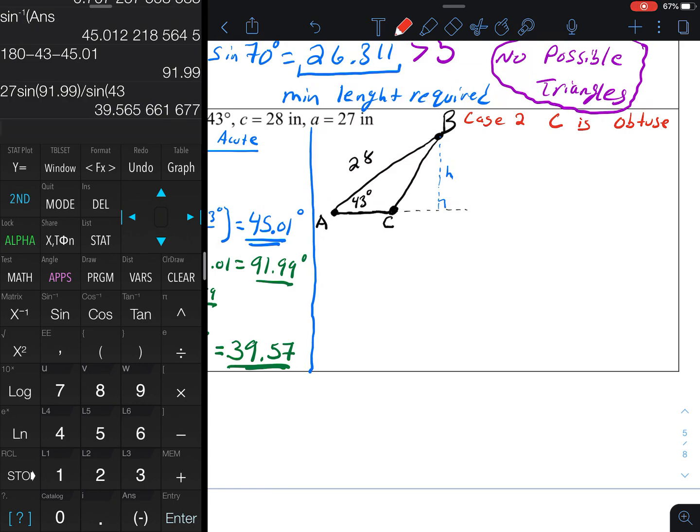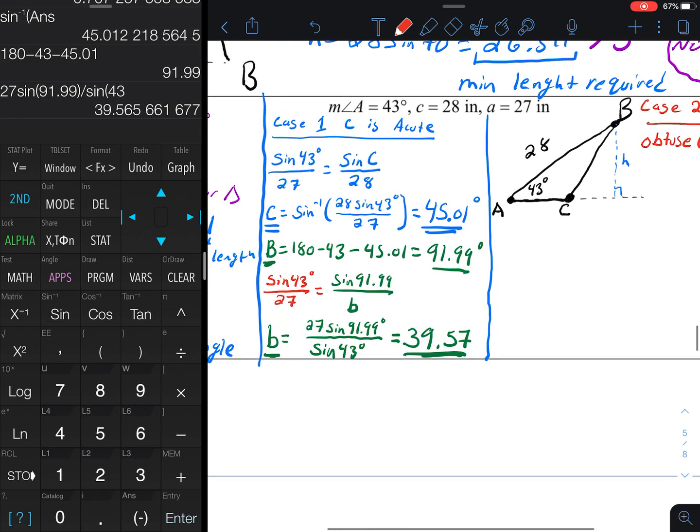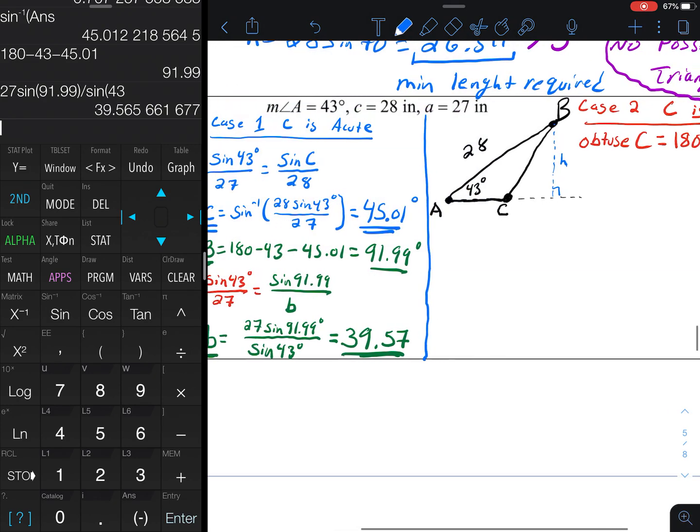And so to solve this, your first step is to find obtuse C. So obtuse angle C is going to equal. Now, because we're talking about a limitation for the sine function, remember sine has its same values on the unit circle in quadrant 1 and quadrant 2. So I want to find that quadrant 2 angle, that obtuse angle, where sine has the same value. So I take 180 degrees, and I'm going to subtract acute angle C, which we got to be 45.01.